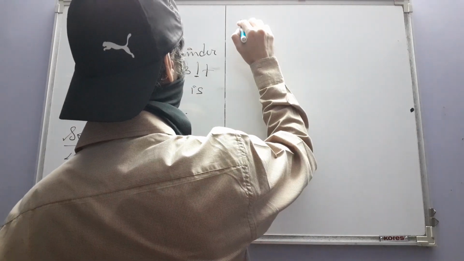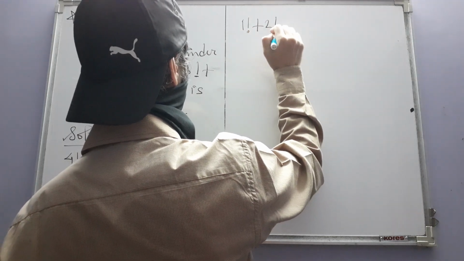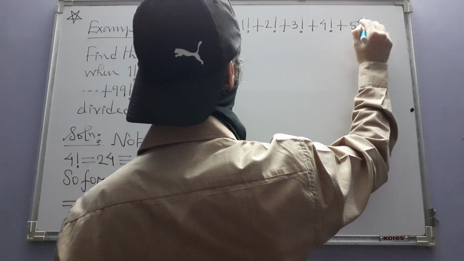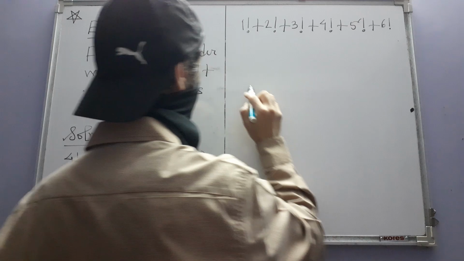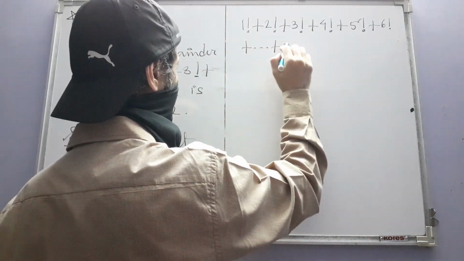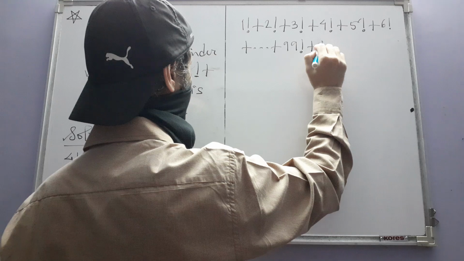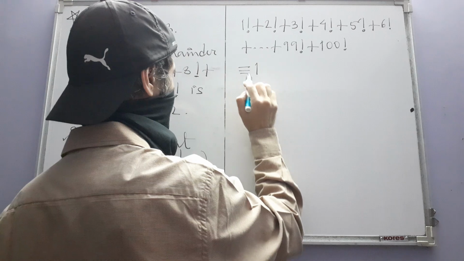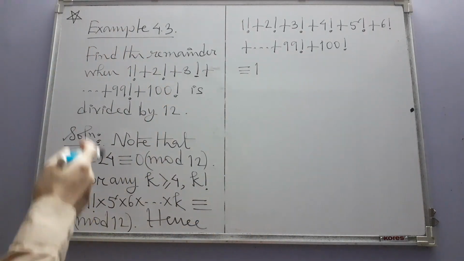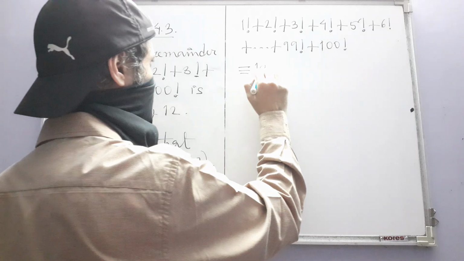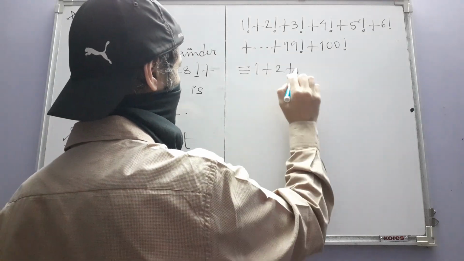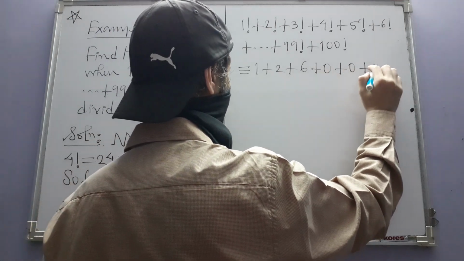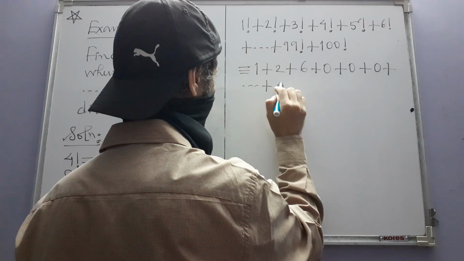Hence, 1 factorial plus 2 factorial plus 3 factorial, let me write a couple more, is congruent to 1 factorial, let me just write 1 itself, because any integer is congruent to itself, plus 2 factorial is 2, 3 factorial is 6, and then all these other factorials are congruent to 0 mod 12.